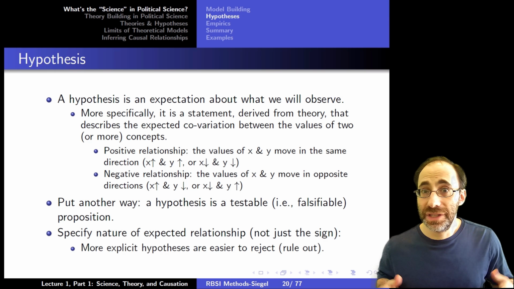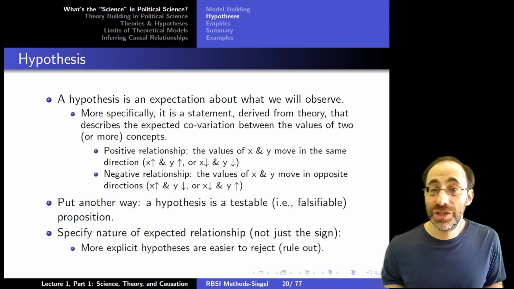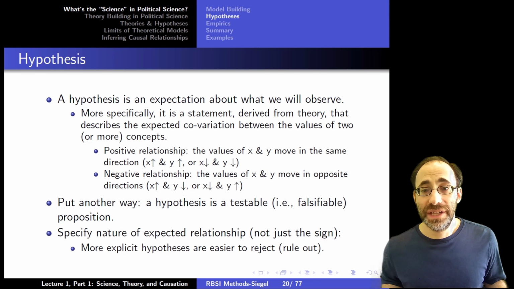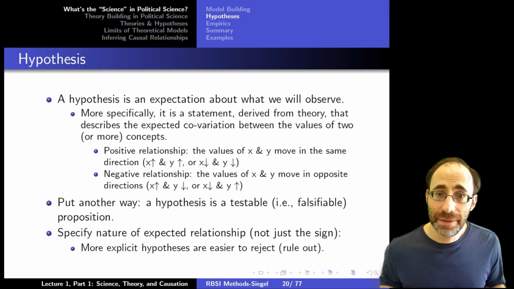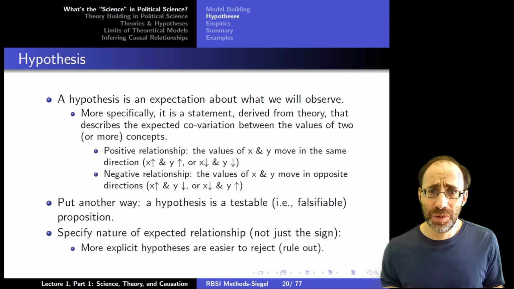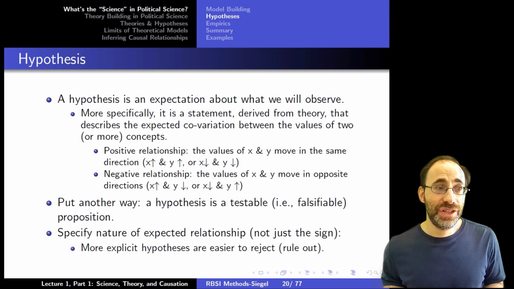The more concrete our hypothesis is, the easier it is to actually falsify it, which is good, right? If I said y equals x squared plus 3, that's a very concrete relationship between y and x. That says y changes with x in an explicit way. That's relatively easy to falsify if I took data that did not show that relationship at all.